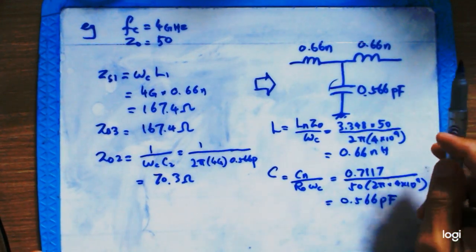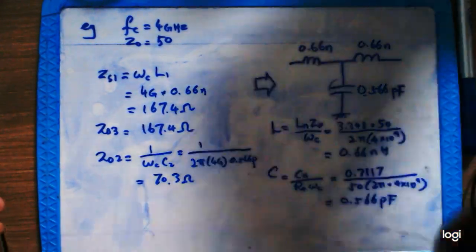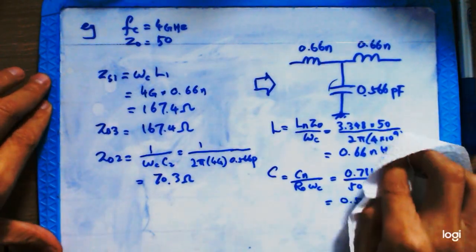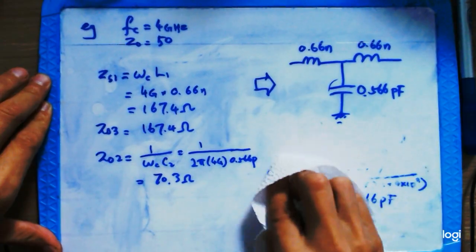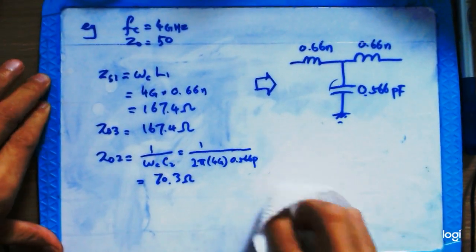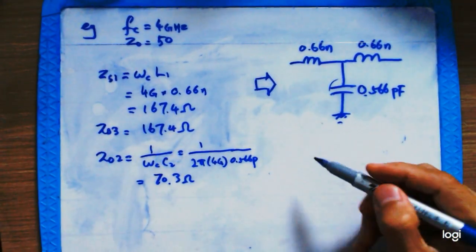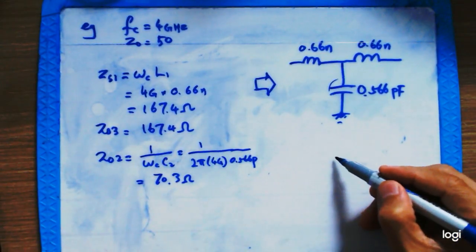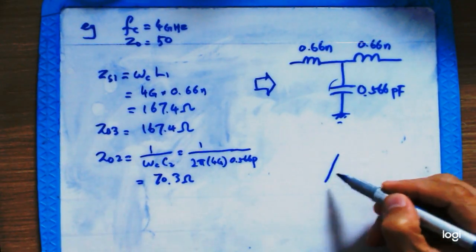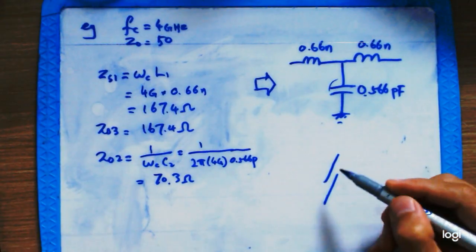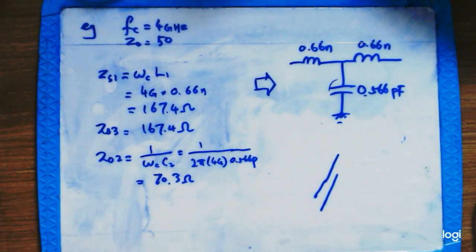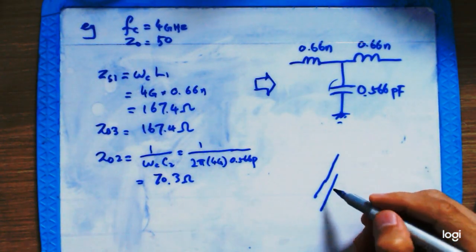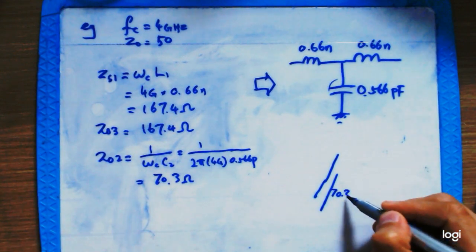So in other words, your transmission line, your printed circuit board, will become like this. You have one open circuit stub, so I'm going to put it in the middle, and this one is 70.3 ohm.